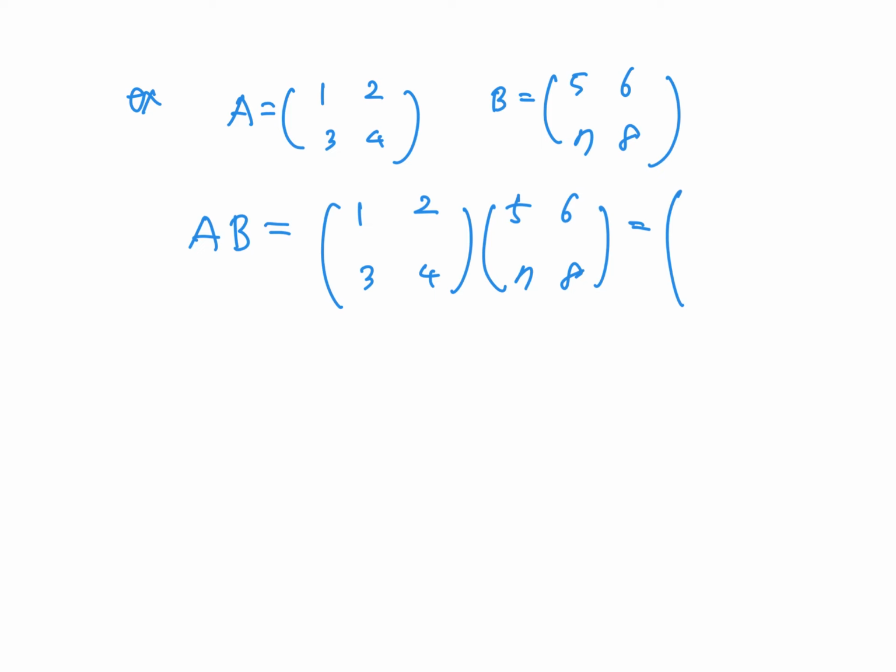You can do it just using memory. The first entry is 5 plus 14, which is 19. Second row: 6 plus 16 is 22.